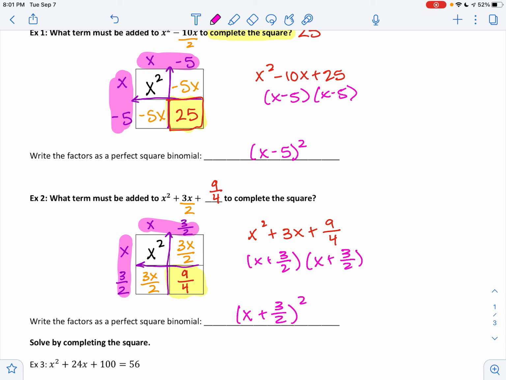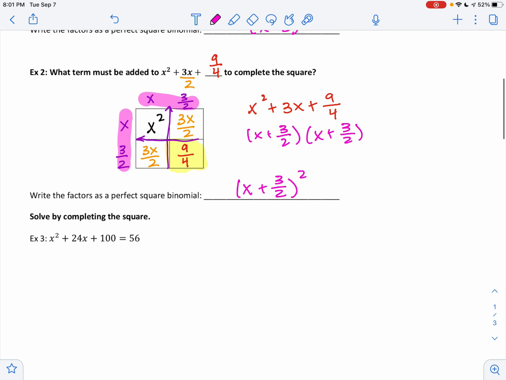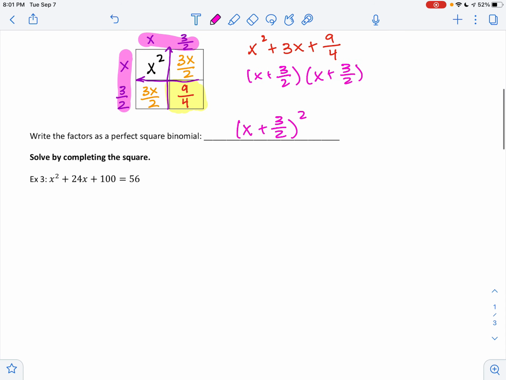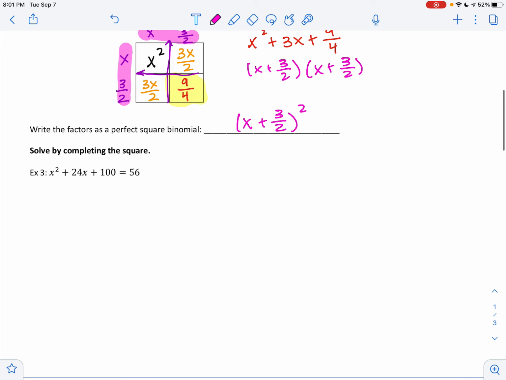Now that we know how to complete the square, we are going to solve by completing the square. Your first step when you are solving by completing the square is you want to make sure that your coefficient of x squared is 1. So a needs to be 1. And in this example, it is. The coefficient of x squared is 1.